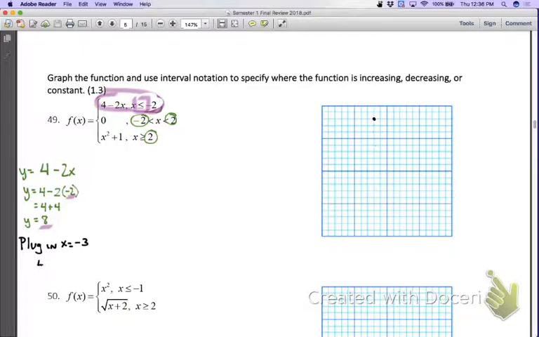Again, I'm going to go 4 minus 2 times negative 3. So where's my next point going to be? 4 plus 6, so it's going to be at 10, right? So I'm just going to go over 1, from 8 to 10, and draw my line in that direction. It's coming from that point.